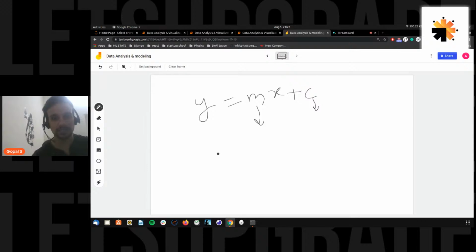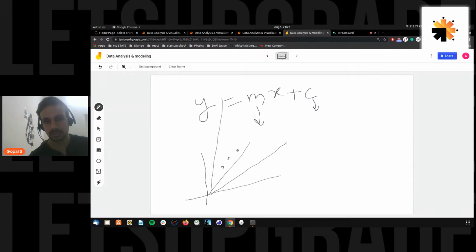What do I mean by the best fit? When you see this in action, you have data somewhat like this. Among lines l1, l2, and l3, you can tell that l1 best fits the data. Why can I tell? For l1, my m1 and c1 will be different from m2 and c2 for l2, and the same goes for m3 and c3. I drew them from the origin, but let's not assume that.